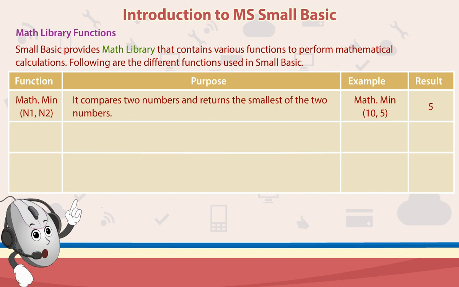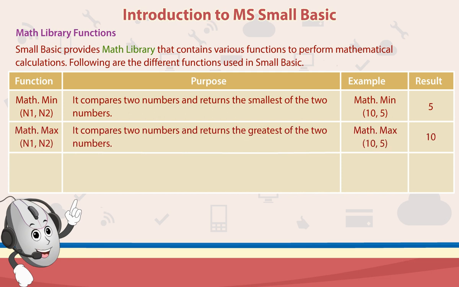It compares two numbers and returns the smallest of the two numbers. Math.Min(10, 5) gives 5. Math.Max(n1, n2). It compares two numbers and returns the greatest of the two numbers. Math.Max(10, 5) gives 10.